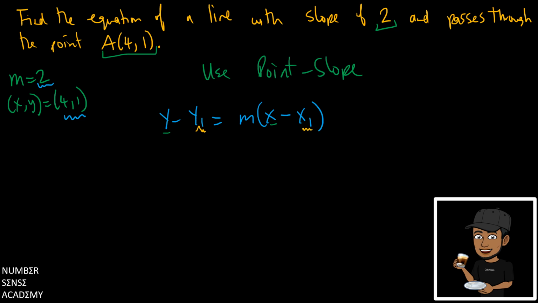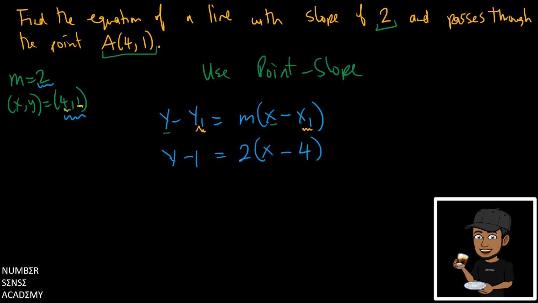So this becomes y minus 1, so y1 is 1, it's right here. And x1 is right here. And then m is 2. So keep this consistent. M, which is 2, and then x minus 4.